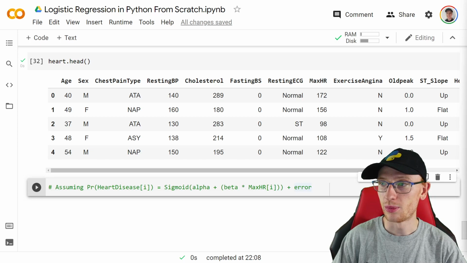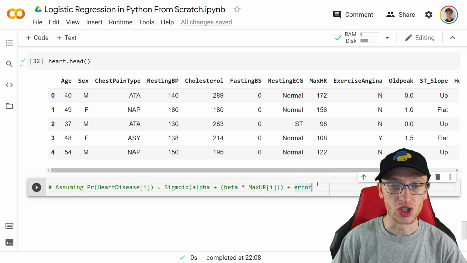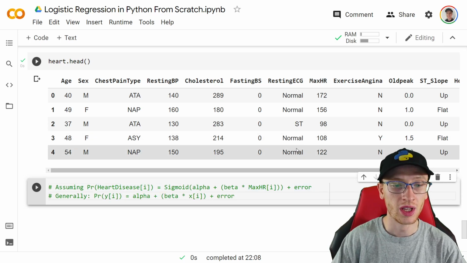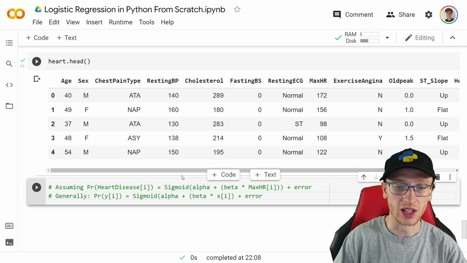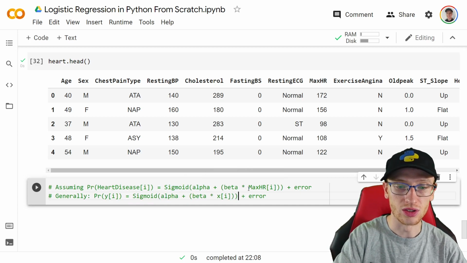Now, something else I'm going to paste in: this is for max heart rate in heart disease, but more generally, the probability of yi, or output, is alpha plus beta times xi plus the error. Again, we need to wrap this in the sigmoid function for that to make sense, because that outputs between 0 and 1.